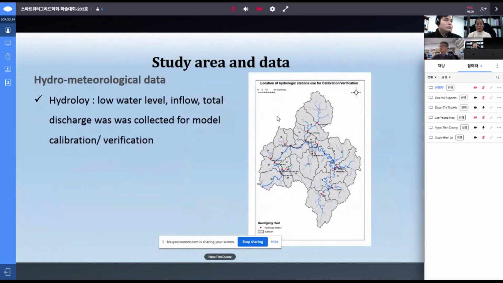And about the hydrologic data, I collect hourly discharge data from 14 stations and hourly loss data up to them.